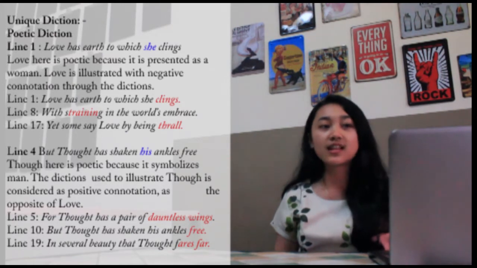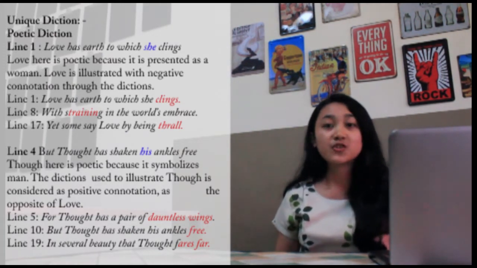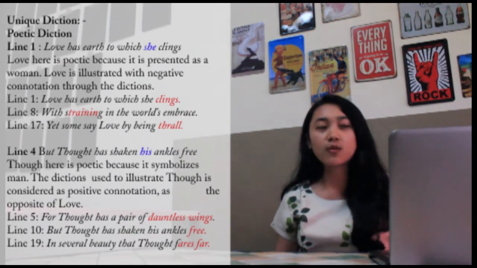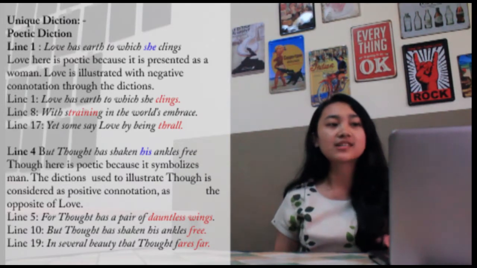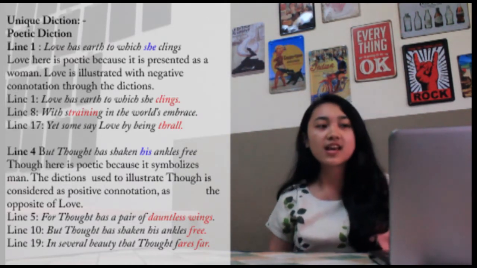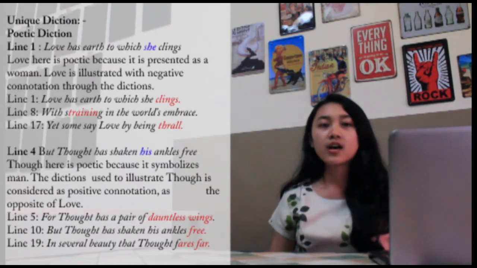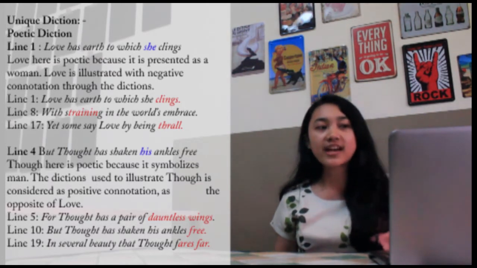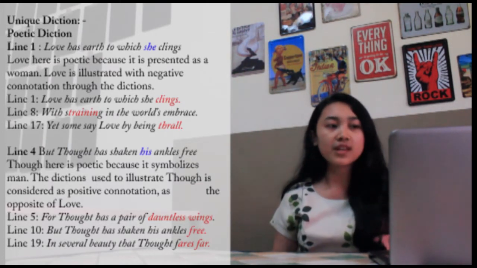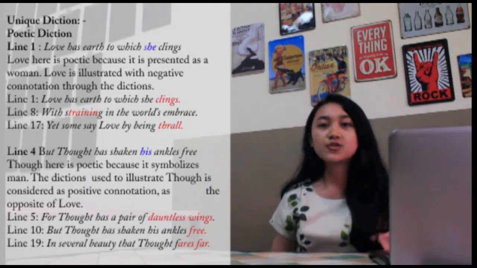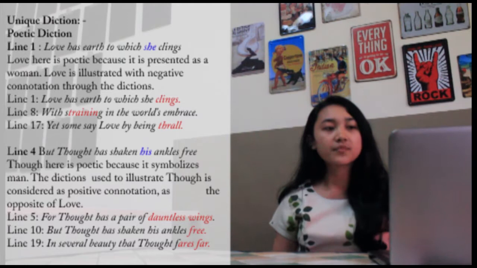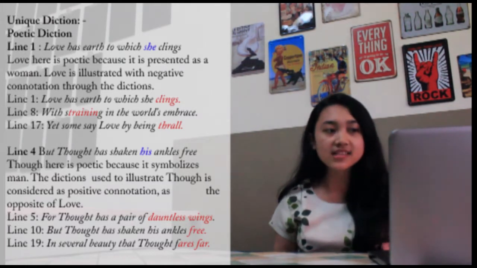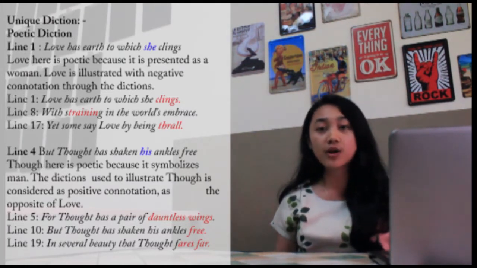To represent love in this poem, the writer uses the pronoun she, which refers to a woman. We can see in the first line, it says, love has earth to which she clings. So with the use of she here, we think that love is a woman. And the diction chosen by the writer to describe love itself is the words clings, straining, and also thrall.